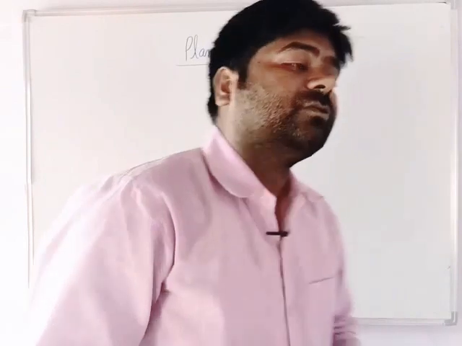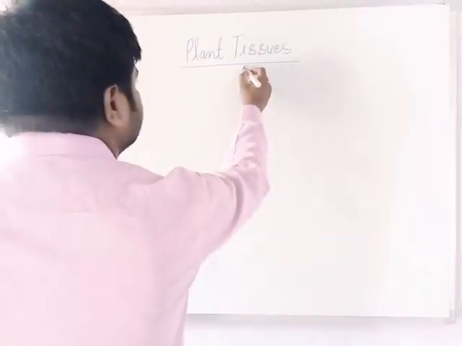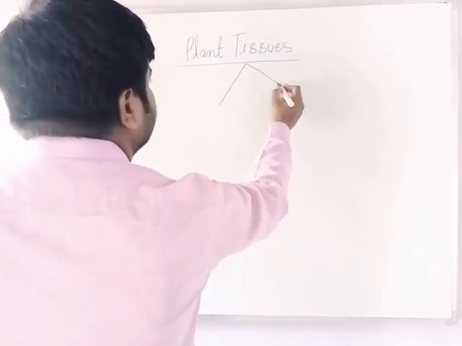They have this regeneration capacity all the time due to a special kind of tissue, and these tissues we call meristematic tissues. In plants, we have two kinds of tissue. Plant tissues are divided into two kinds.